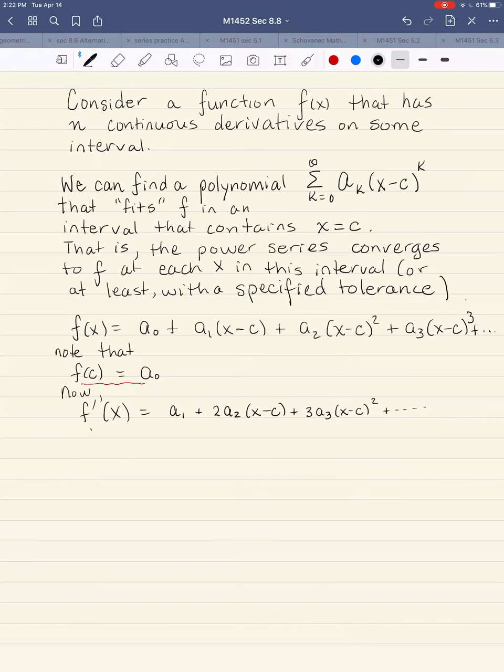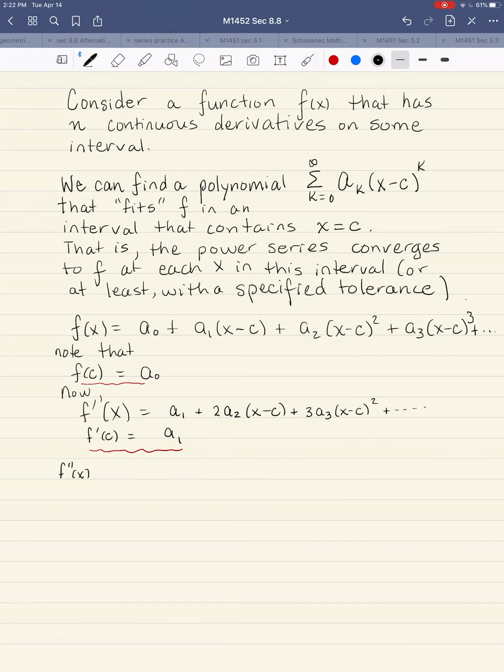And then we've got all those higher power terms. Substitute c in for x, and we get a1, because all the remaining terms would have zeros in them. So this is a function whose slope at x equal to c is the same as the coefficient of the x minus c term.